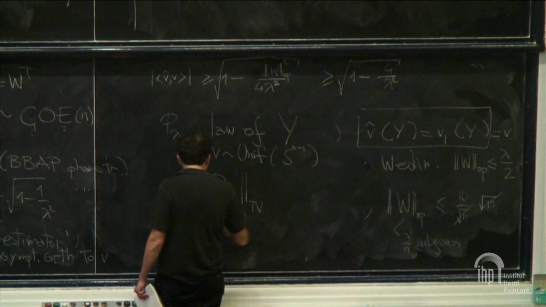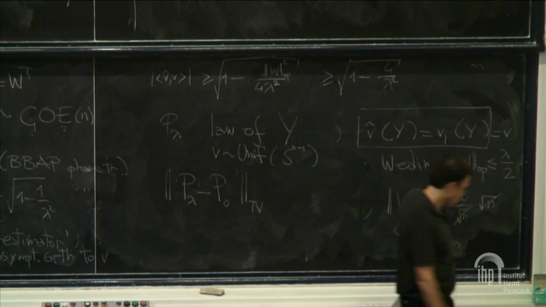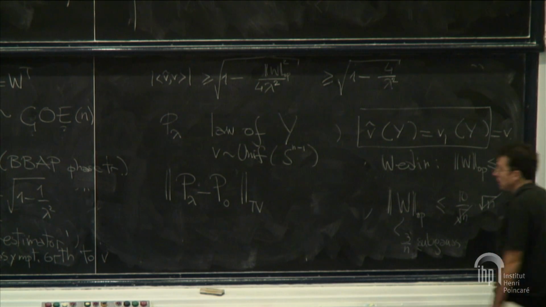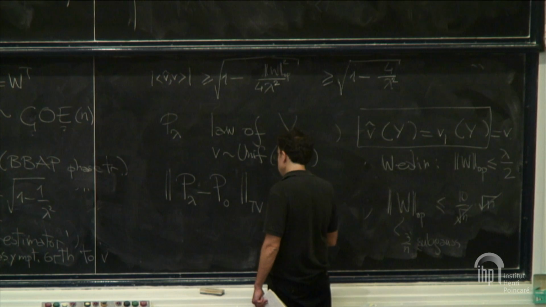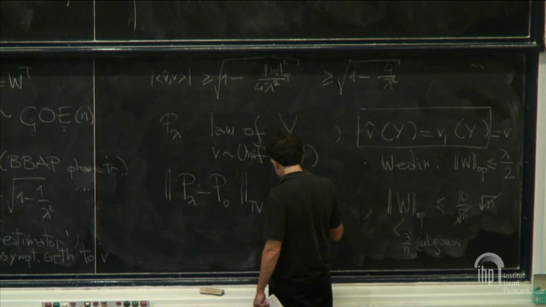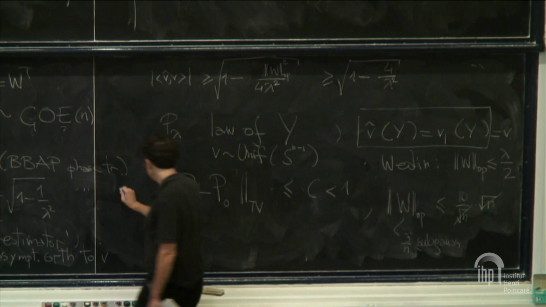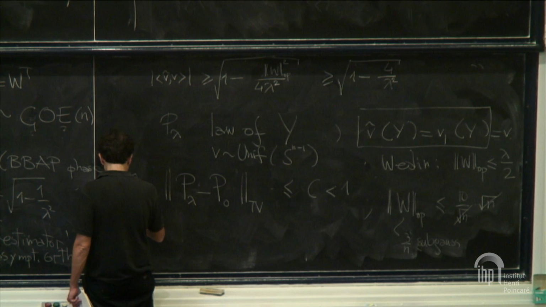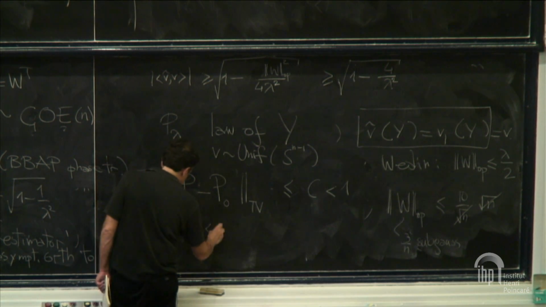This corresponds to computing the total variation distance of these two laws. And turns out that for lambda less than 1, as n goes to infinity, this is less than a constant less than 1.